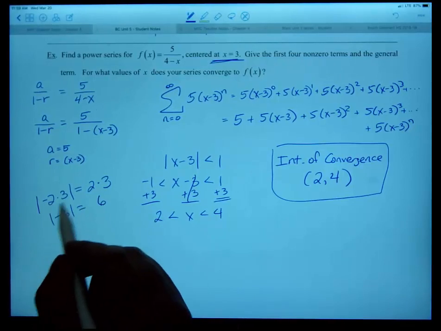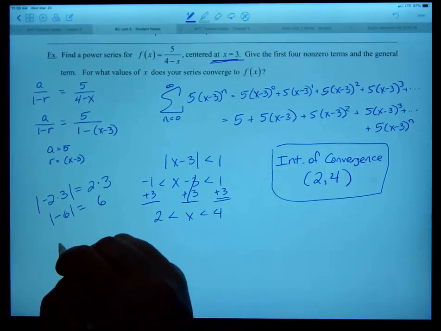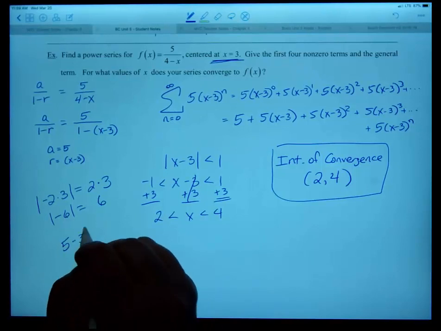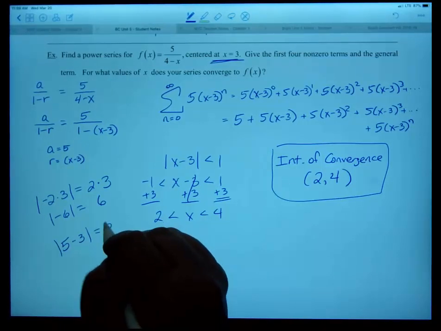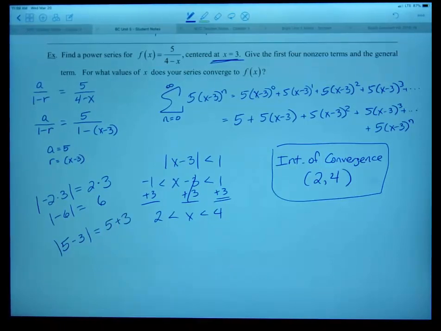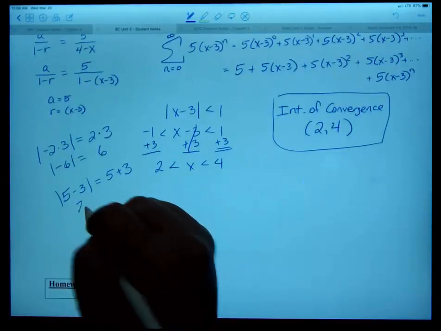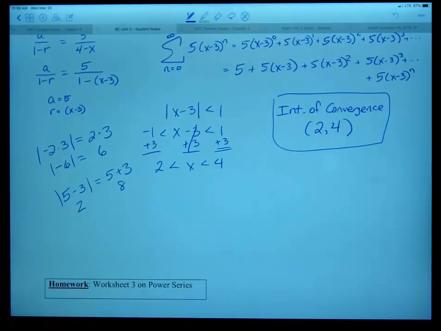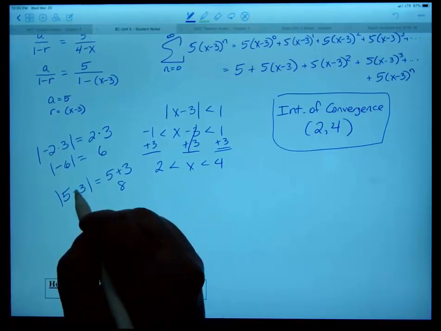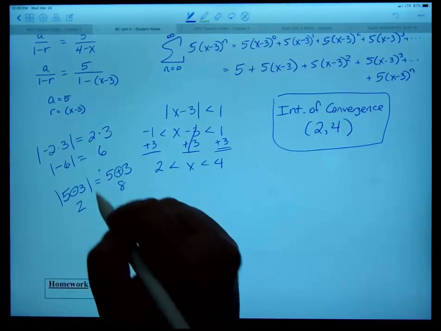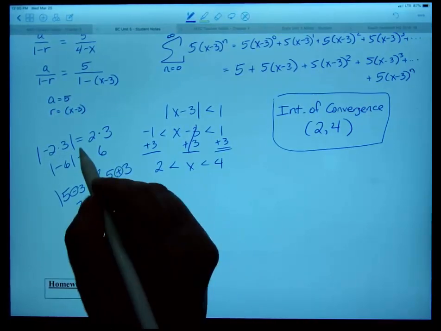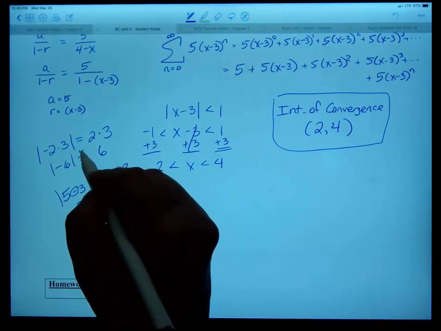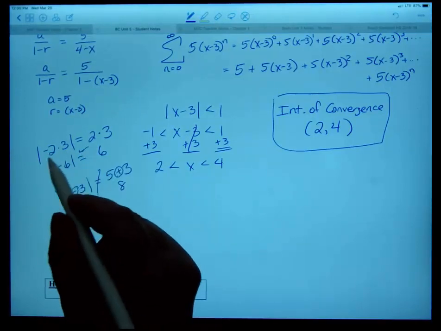So if they are multiplied, you can do that. But if you have something like 5 minus 3 in an absolute value, can you make the 3 positive when you bring it out? No, because this is 2 and this is 8. They're two different numbers. So this minus does not change to a plus. Can't do that. But you can do it when it's multiplied.